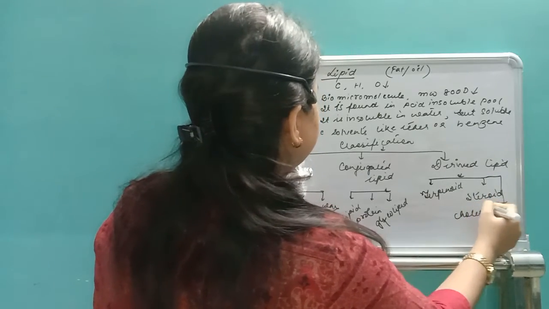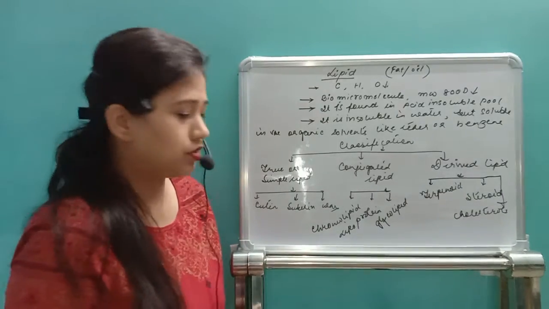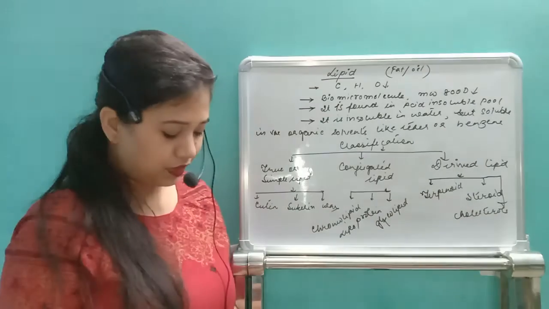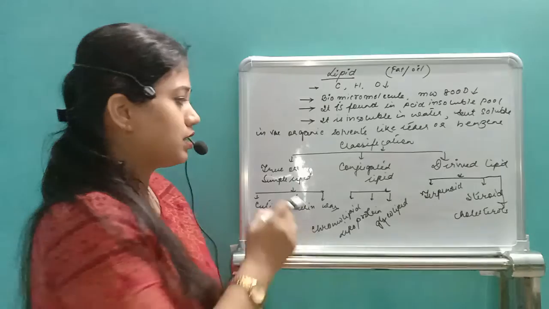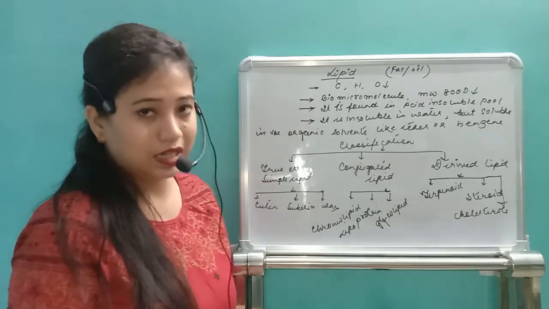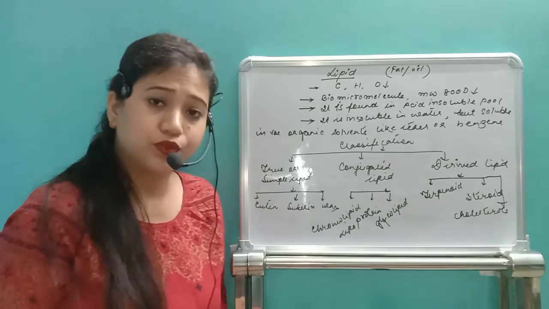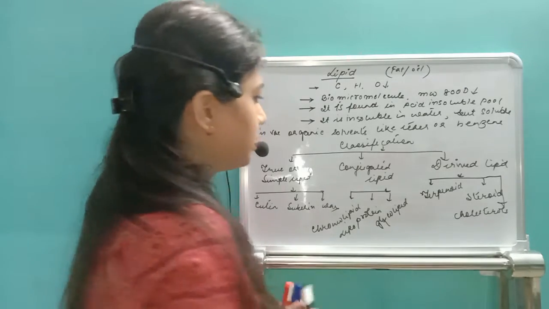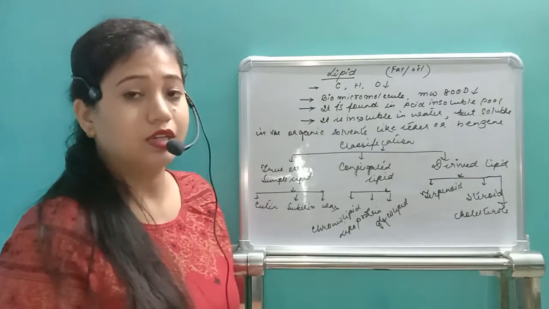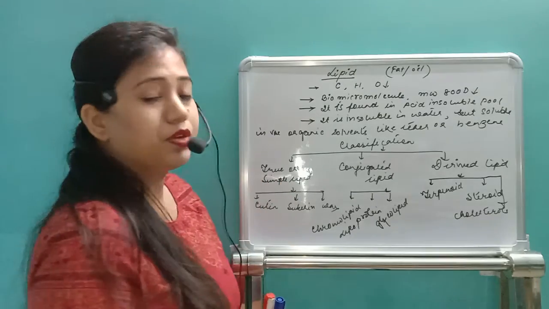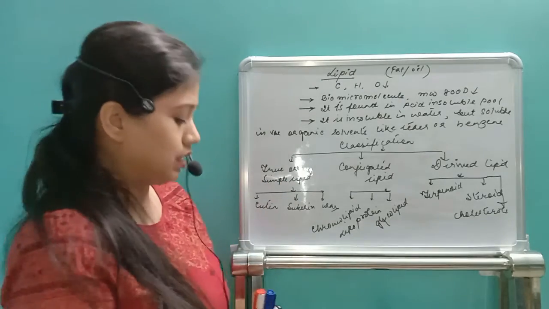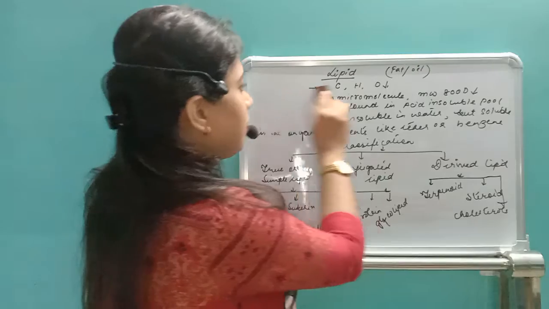These are some examples of derived lipids. So just see in this classification, three types of lipids we can get. One is true lipid, second is the conjugated lipid, and the third type is called derived lipid.